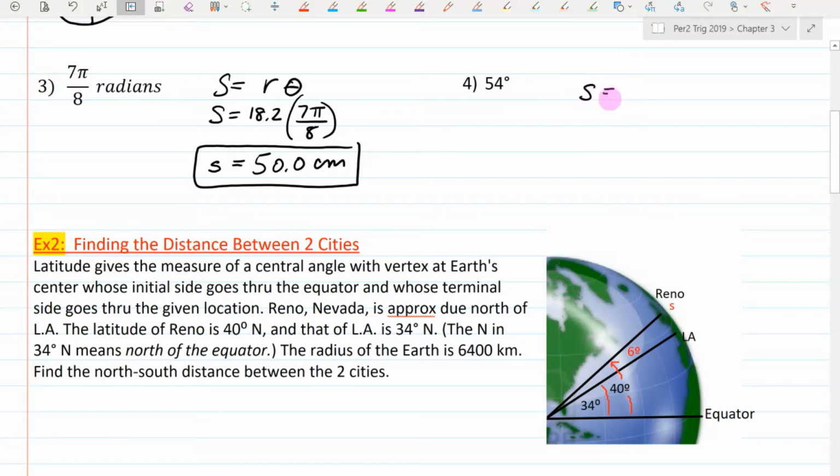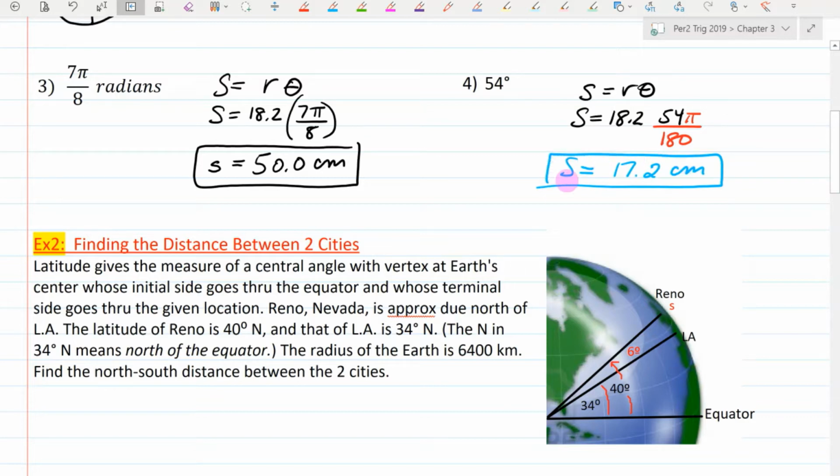Next, S is equal to R theta, so S is equal to 18.2 times 54 degrees. To make it radians, that is now in radians. Then just multiply the whole thing out, and you should have 17.2 centimeters for that arc length.